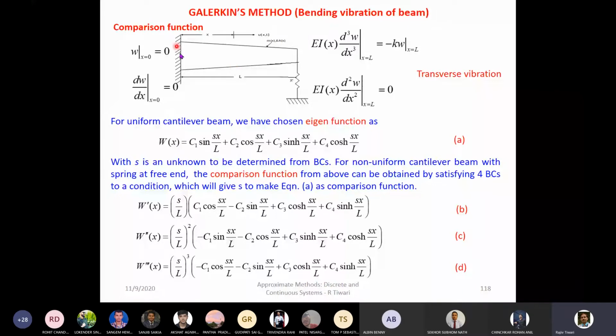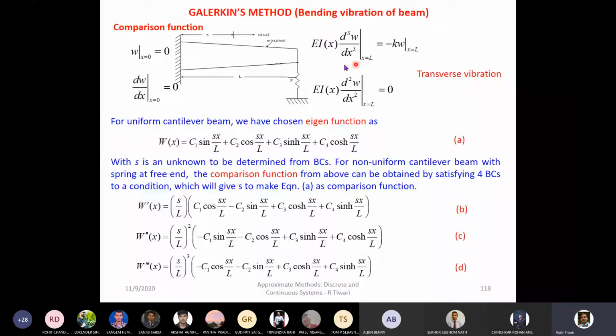Displacement is zero, slope is zero, and here we'll have shear force equal to the spring force, and bending moment is zero. If we have some kind of a torsional spring here, then that can be incorporated here. But no, that is not there. Only a linear spring is there.